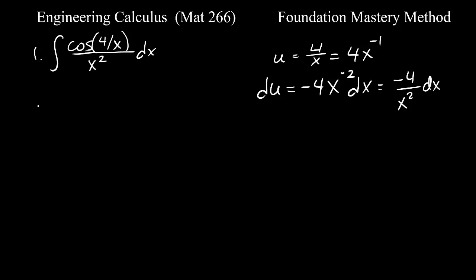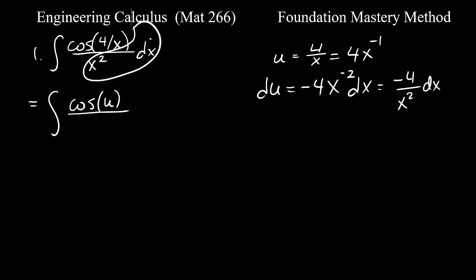So now let's go over to the original problem. Making our substitution, we have cosine of u, and if we look at what's left, we see 1 over x squared dx. So going over here, we see that 1 over x squared dx, dividing du by negative 4, we can have minus 1/4 du equals 1 over x squared dx.